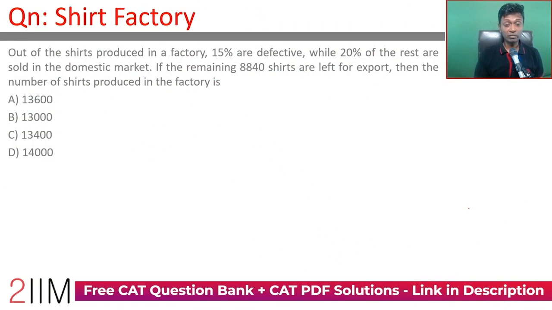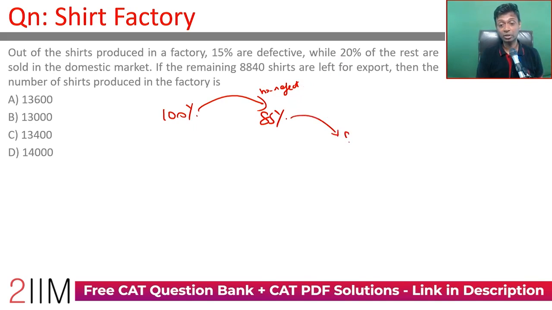But the shirts produced in a factory, 15% are defective, while 20% of the rest are sold in the domestic market. So 100% to start with, 85% is non-defective, 80%, 20% are sold in the domestic market.